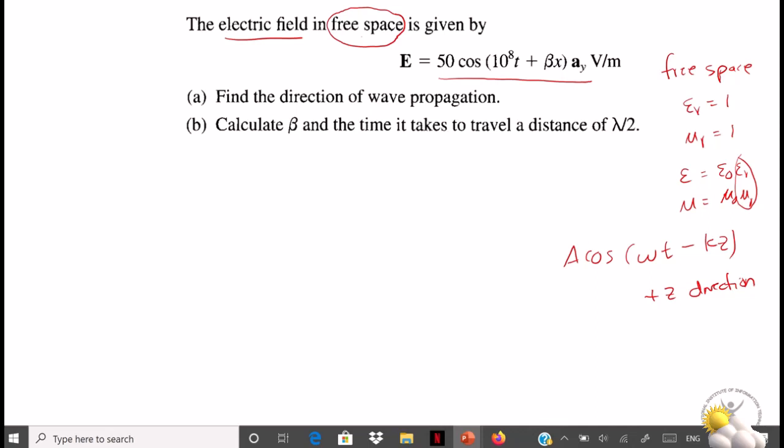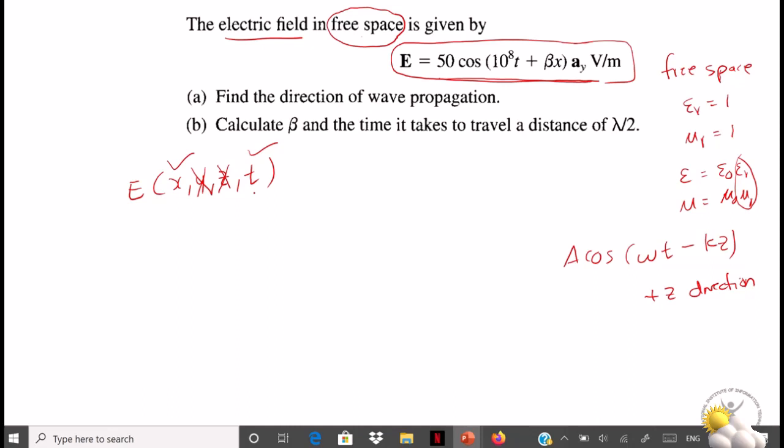Always your wave is a function of space and time. So your wave electric field should be a function of space and time, right? So if you see this function, it's not a function of y, it's not a function of z, but what I can see, it's a function of x and it's a function of time.